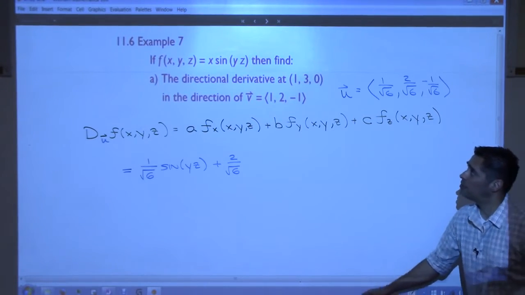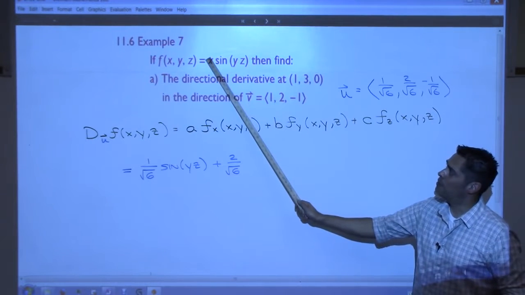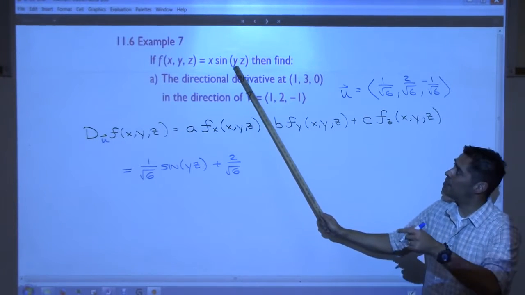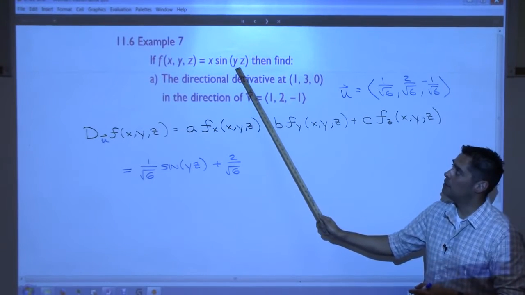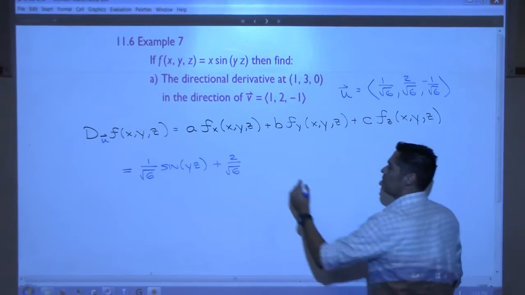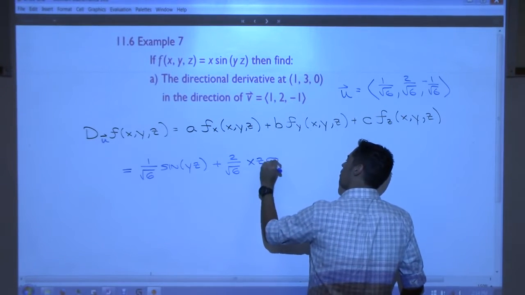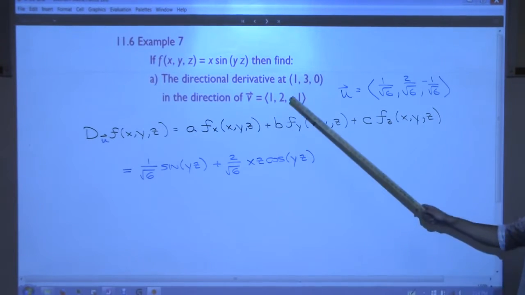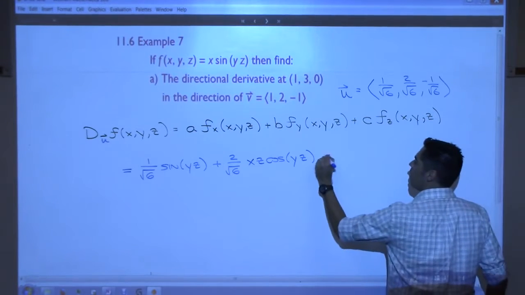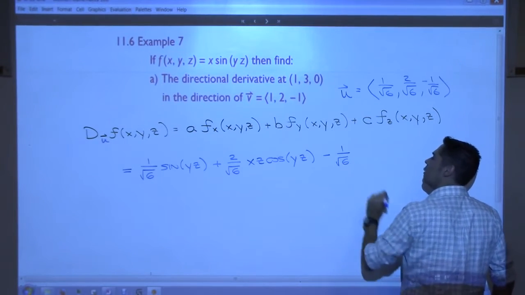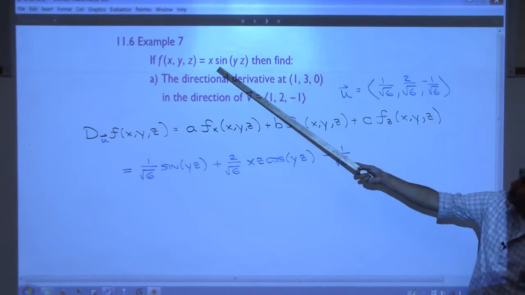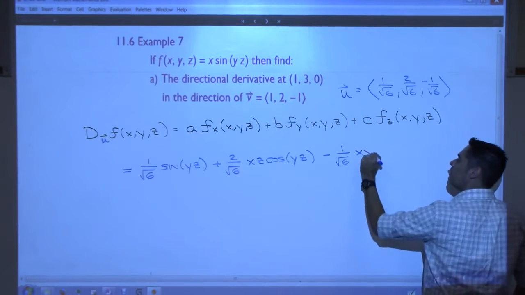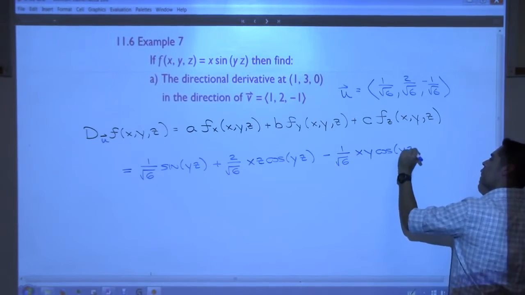Ignore the x, because it's a constant. What's derivative of sine of yz? Cosine yz. Then derivative of what's inside with respect to y? Z. So it's actually going to be xz cosine yz, plus c, which is minus 1 over root 6. And now the derivative with respect to z: xy cosine yz. Good.